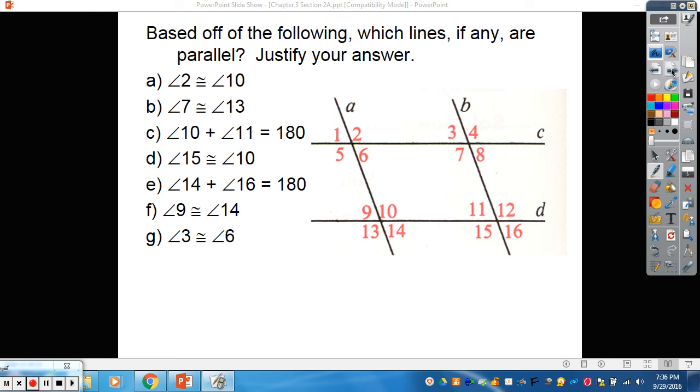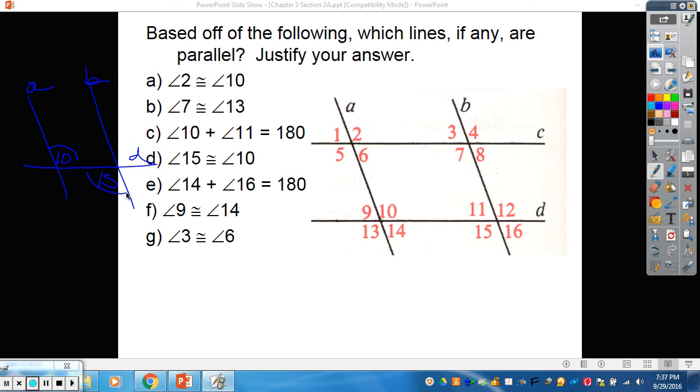Letter D, we have angle 15 is congruent to angle 10. So let's see here, 10 and 15. Well, if I redraw those two, 10, 15, D, A, and B. If we look at that, and we're told that they're congruent, the transversal between those two angles is going to be letter D. That's the shared line.